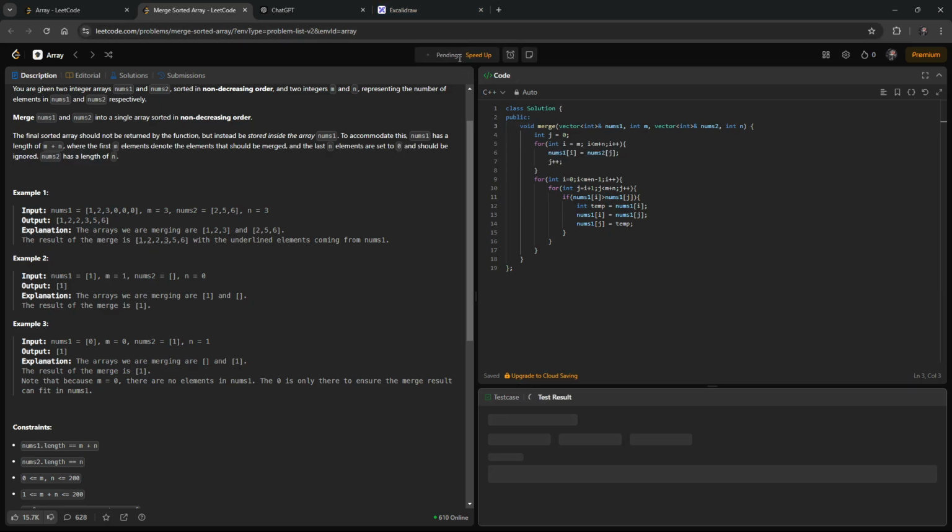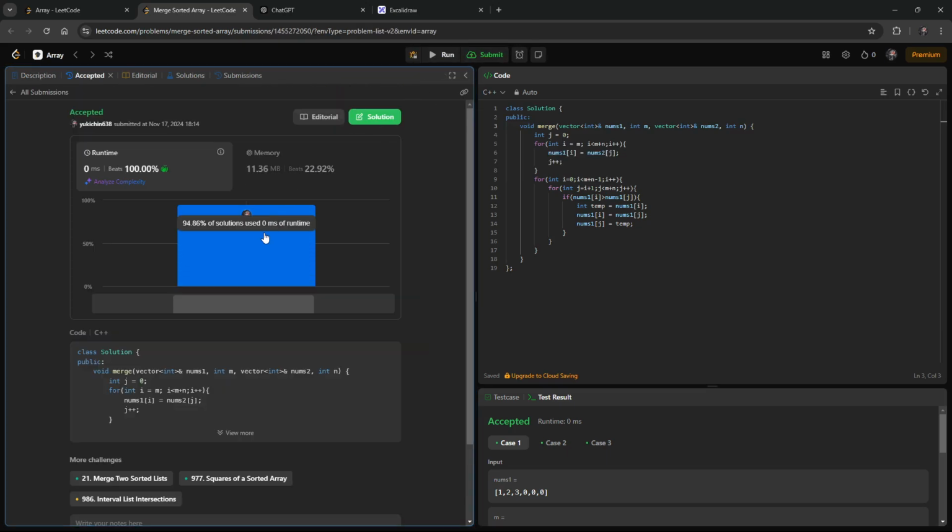I think it will take a lot of time to process and it will have higher time complexity than what we actually desire. Okay, so I actually solved this question in the desired way. I guess that's how we should do it.